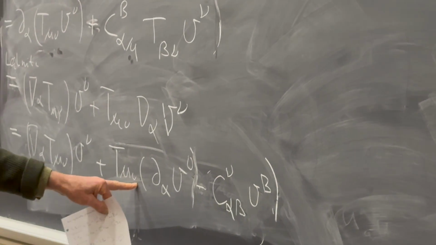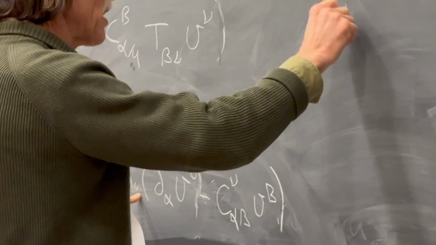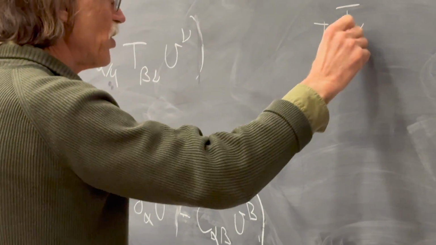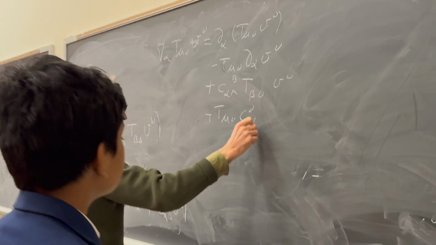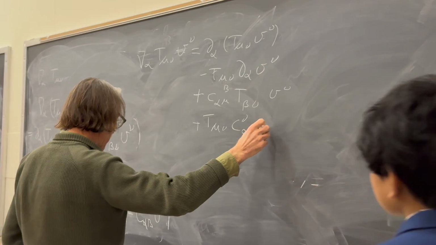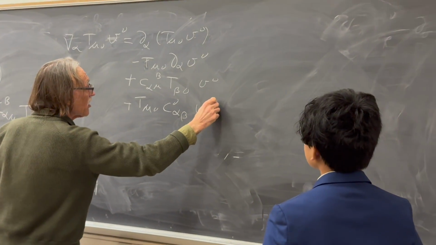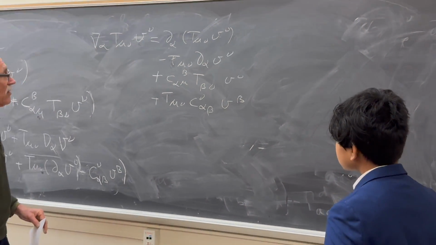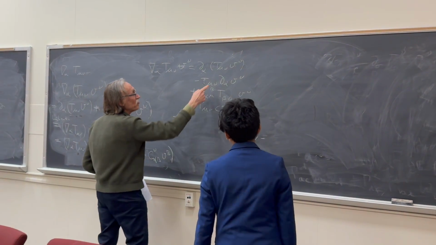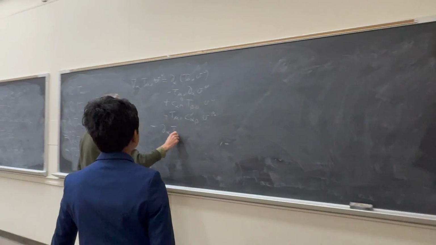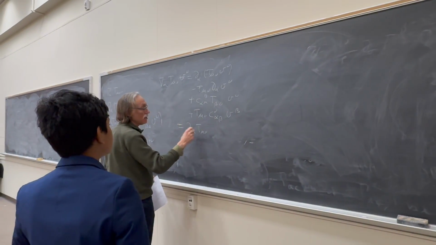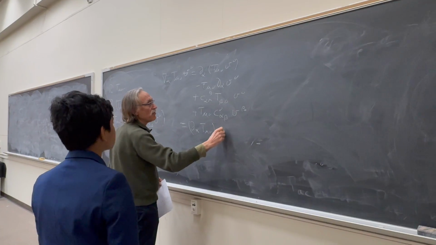They were correct. So I bring this to the other side. That becomes then T mu nu C nu alpha beta times V beta. And this is equal to, because this cancels against that, d alpha T mu nu times V nu.